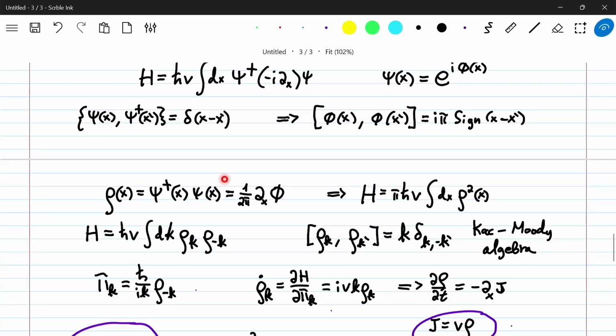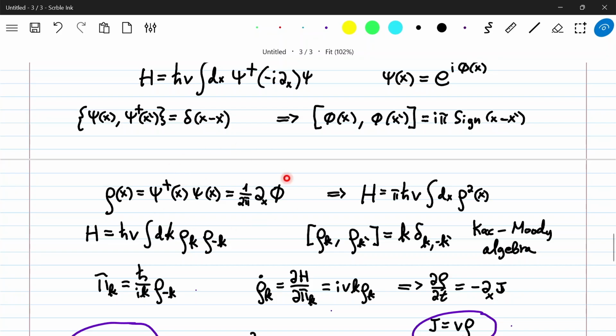The whole trick about going to the collective variable is that I could identify the density operator in the two languages, and the relation is without any factors, except the 1 over 2 pi. But there are two problems. First of all, this is going to be violated if I now define my field as before. This will not be satisfied.